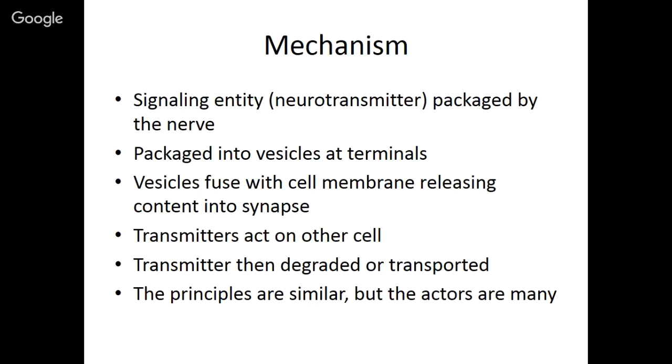Then, once you have the vesicles of the appropriate transmitter type, they are released with the appropriate signal, meaning depolarization of the presynaptic neuron. They fuse with the membrane and release their contents, exocytosis as it's called, and the contents go out into the cleft between cells. The transmitter is then degraded or transported back into the cell. In principle, that basic mechanism is how most transmission is thought to occur.